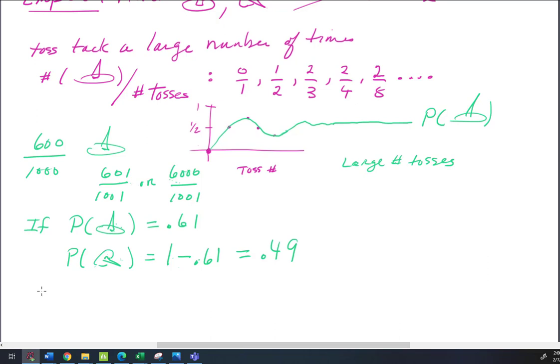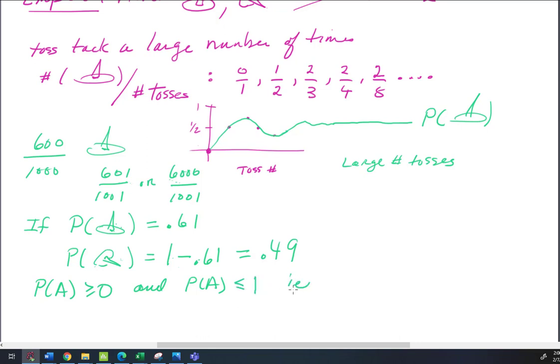There are some things that always happen no matter how you define probability. The probability of any event A is always greater than or equal to 0. Probabilities are always non-negative numbers, non-negative fractions. Also, the probability of any event A is always less than or equal to 1.